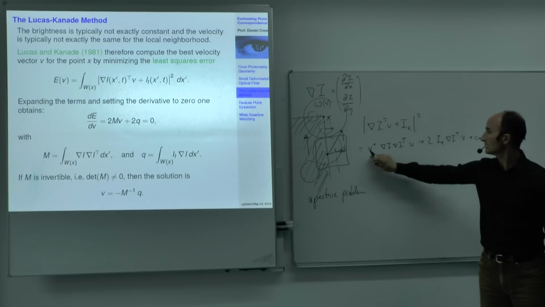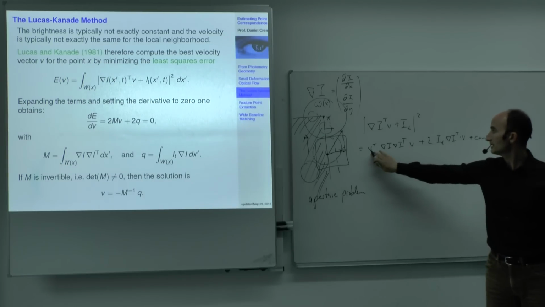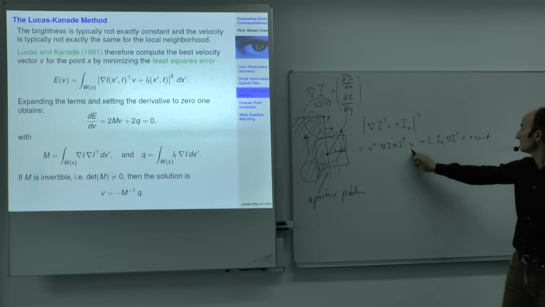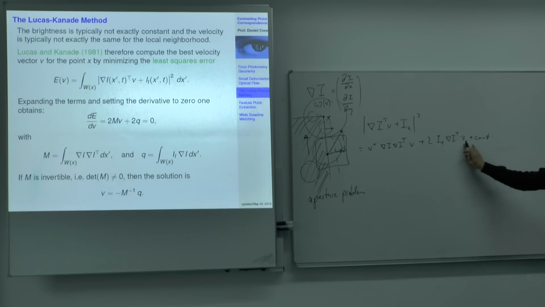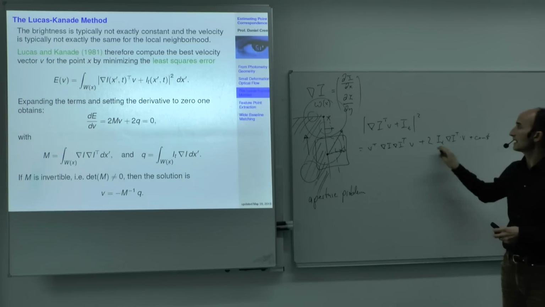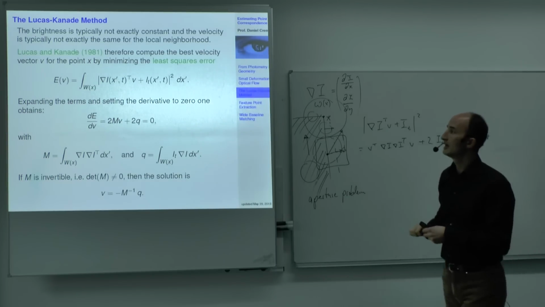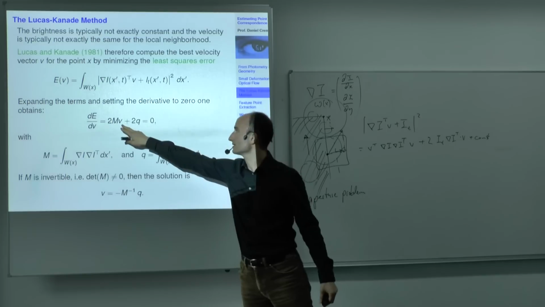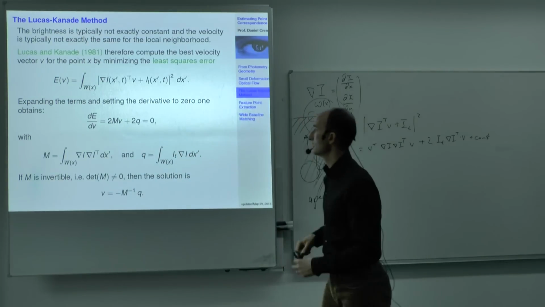And so here you see this term is quadratic in v, v transpose some matrix times v, and this term is linear in v. So we have one quadratic term, one linear term.